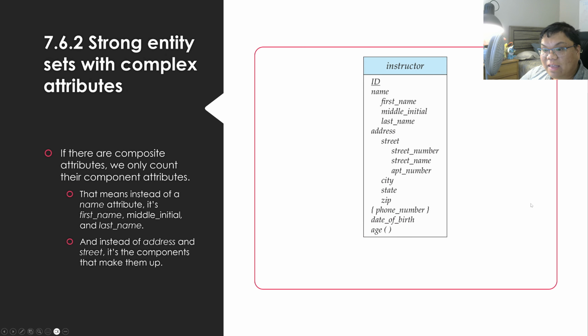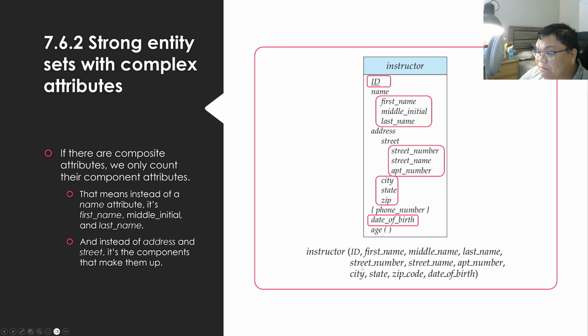If we have a complex attribute, we don't need to list every attribute. We only need to list the component attributes. So we don't need to include the name, we only include the attributes that make it up. We don't need to include address, we only need to include the attributes that make it up. But since street is also a composite attribute, we don't include street, we only include the attributes that make it up.